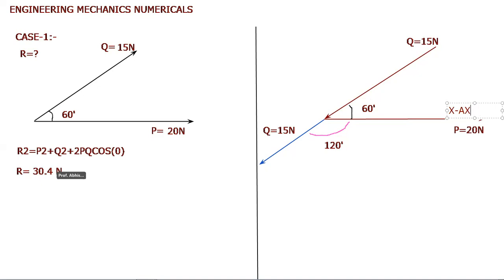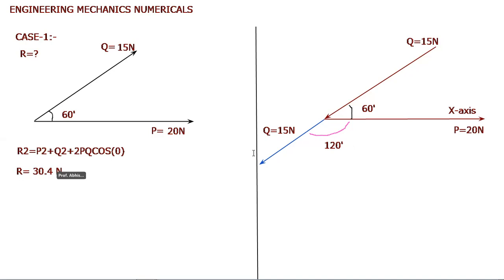So this P force is parallel to the x-axis. So remember this thing. Okay. Now again, the angle between these two forces P and Q has now become 120 degree, right?